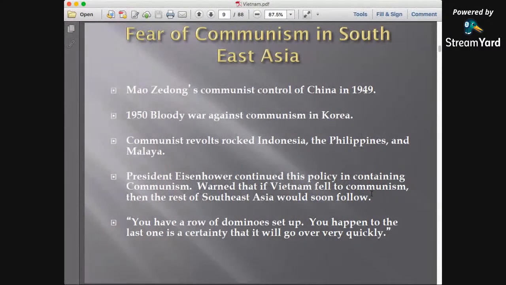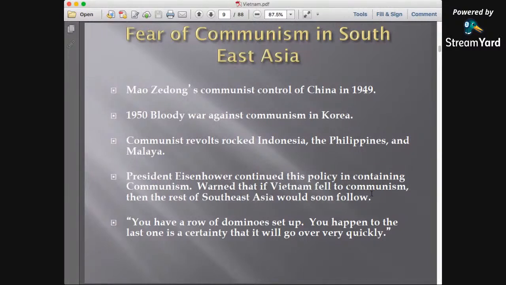Many people consider that to be Truman's biggest mistake. When we look at Southeast Asia in general, the communist revolts from Indonesia, the Philippines, and Malaysia all rocked the region. And President Eisenhower really looked at this and came up with his own theory called the domino theory.